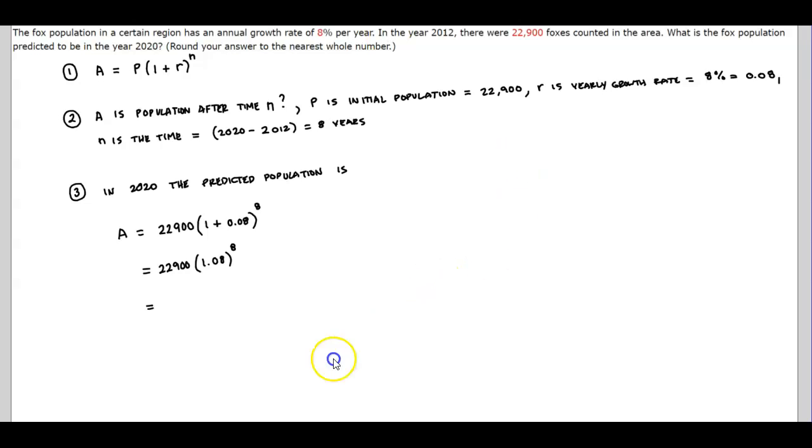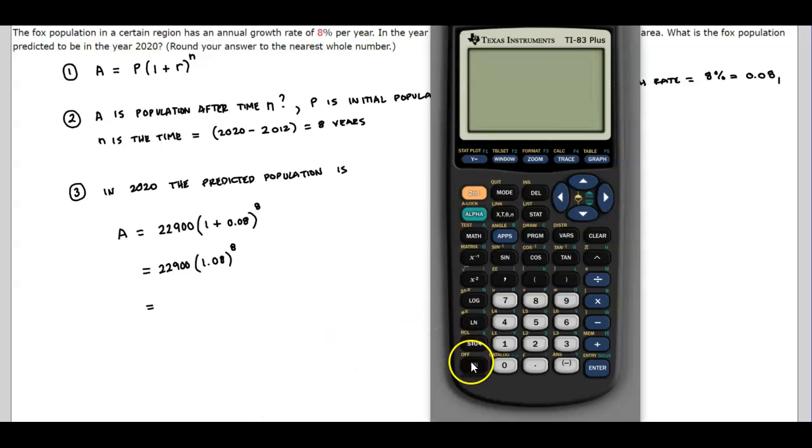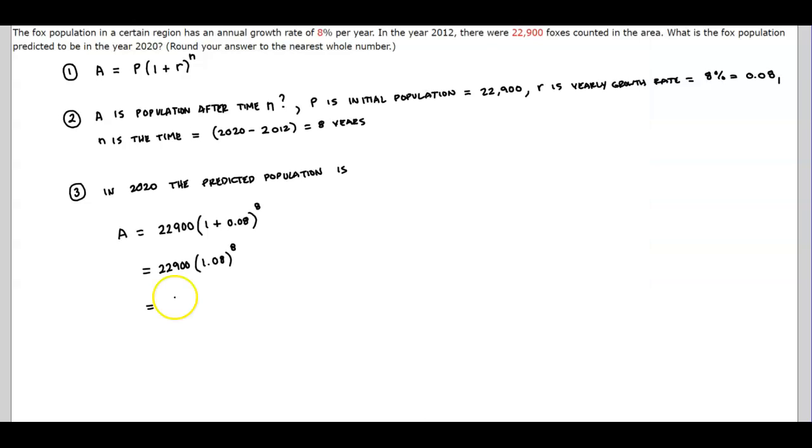So let's go ahead and solve that. On our calculator, we're going to take 1.08, raise that to the 8th power, and then once we hit enter, we're going to multiply that number by 22,900. And so therefore, we get approximately 42,386.30.